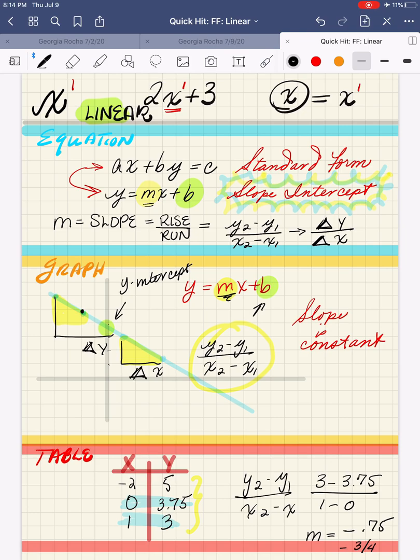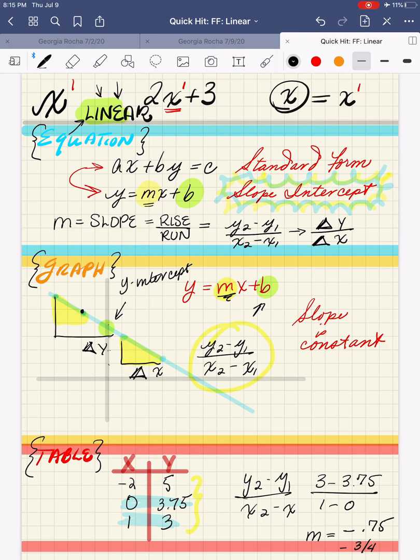So we see our linear equation portrayed 3 different ways. Our linear function as an equation, as a graph, and as a table.